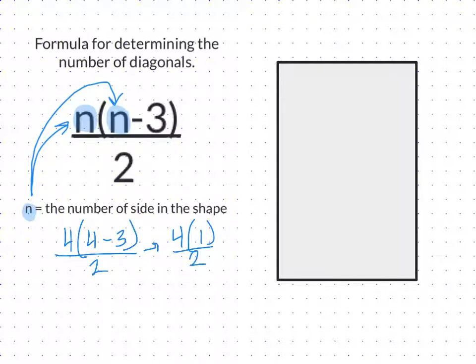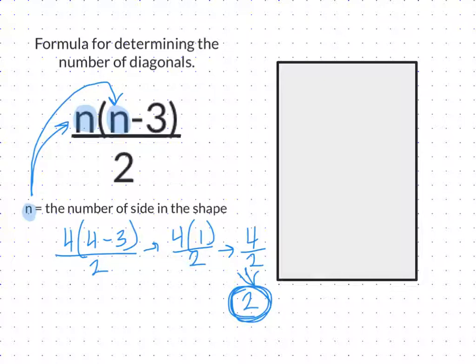Now let's address the numerator. 4 times 1 is 4, and we still have our divided by 2. And 4 divided by 2 is 2. So using our formula, I can calculate that there are 2 diagonals in a 4-sided rectangle.